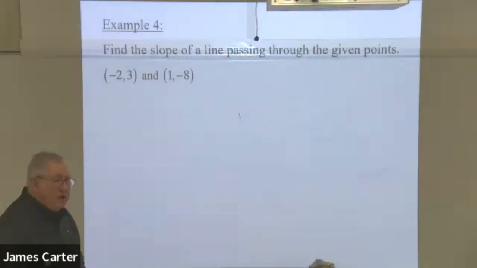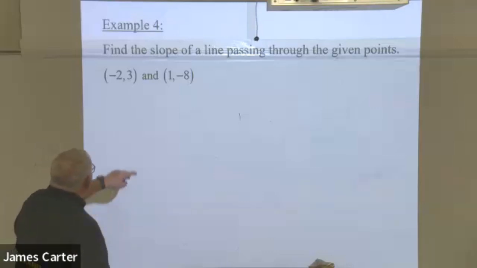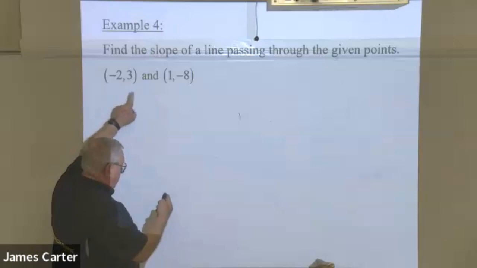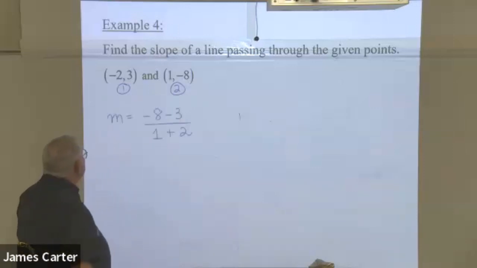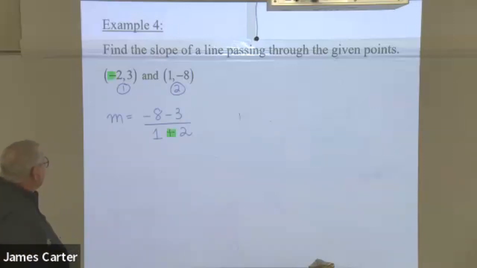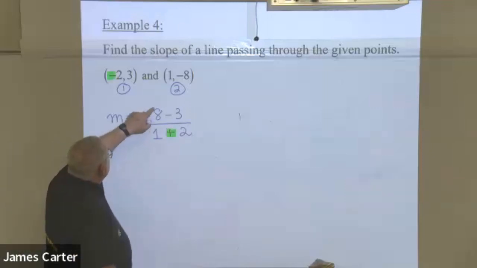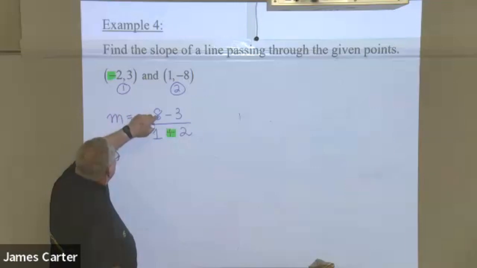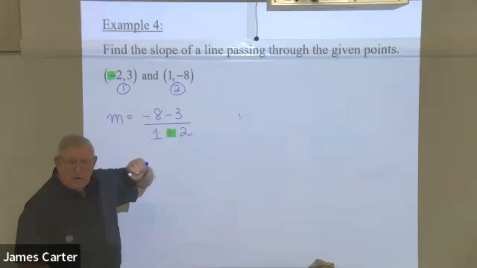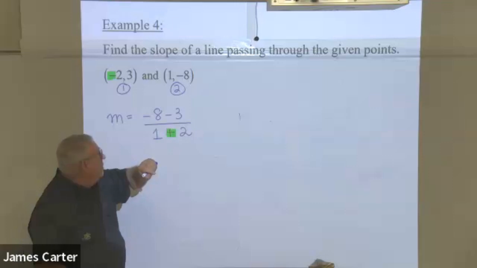So I've got 2 points. I need to know the slope. Now they're going to call this point 2 and point 1. And you would work it like that. Now, notice here that formula said the first one minus the second one, right? First y value minus the second y value.